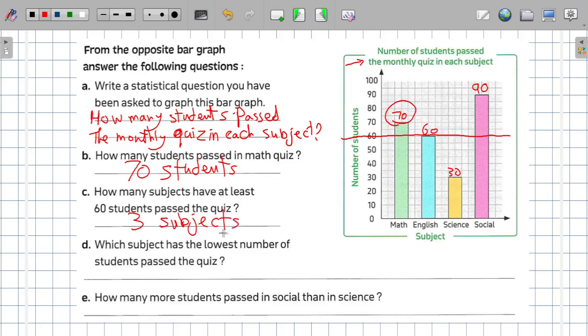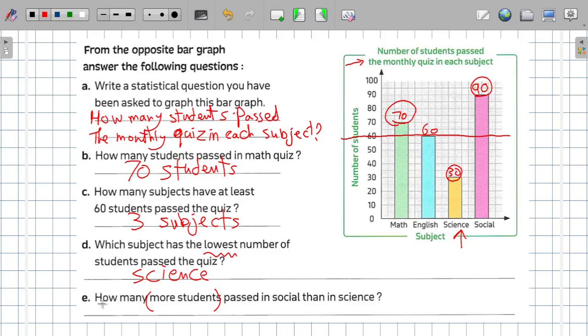Okay, next I'm asking which subject has the lowest number of students who passed the quiz. I think it's science. It's the lowest bar here. Okay, so I will say science. Next, how many more students passed in social than in science? Social here is 90 and science here is 30.